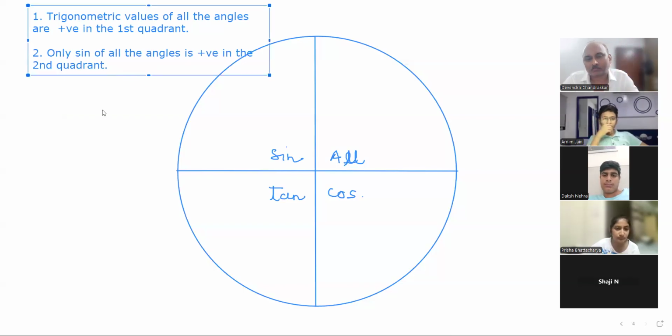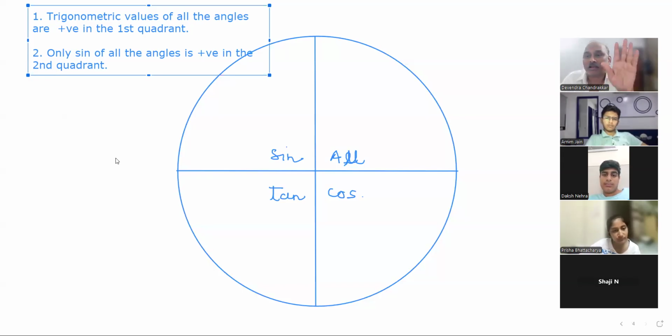So what does that mean? Which angles will lie in second quadrant? All the angles between 90 and 180? Yes or no? So it starts from 90, ends before 180. So all the angles between those in the second quadrant, sine of 90, sine of 91, 93, 94, 92, 92.5, 179.5, all sine will be positive. ठीक है?